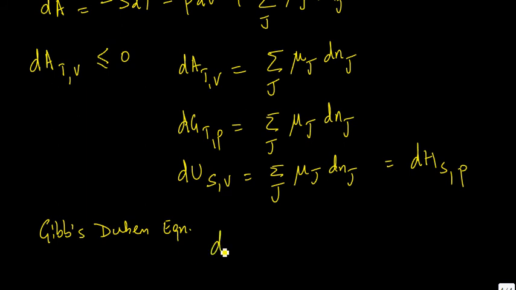So what it says is the change in chemical potential, mu A, if you have just two components, right?